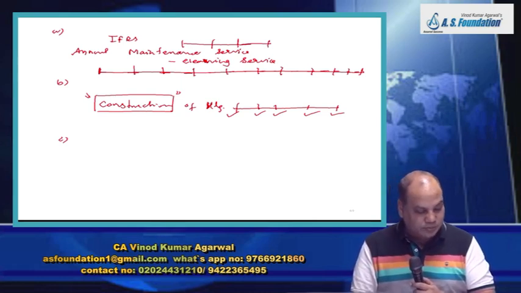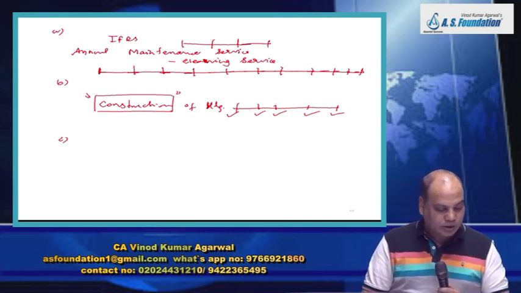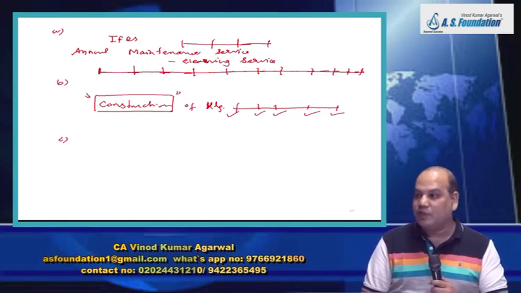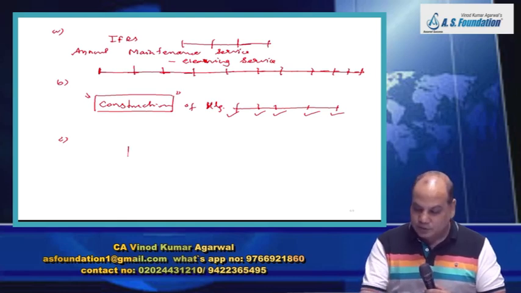And point number C, entity's performance creates a unique or specialized asset with no other alternative use to the entity, and the entity has a right to recover payment for performance completed. Okay. Say for example, there is a company Multicon.